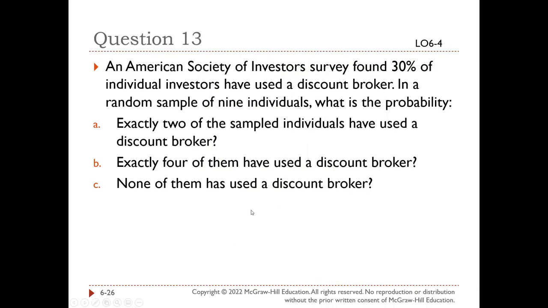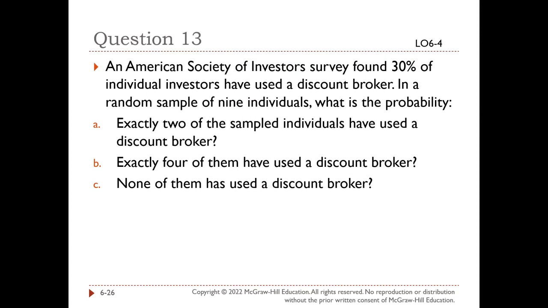All right. An American Society of Investors survey found 30% of individual investors have used a discount broker. In a random sample of 9 individuals, what is the probability? All right. So, again, we're going to have this combo.